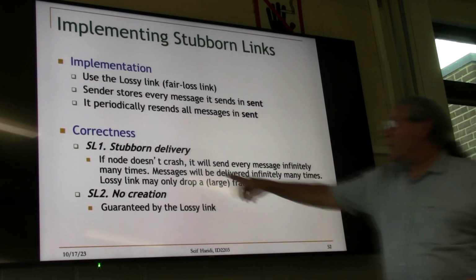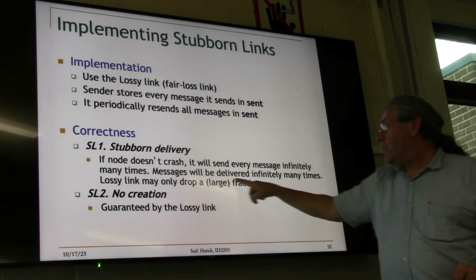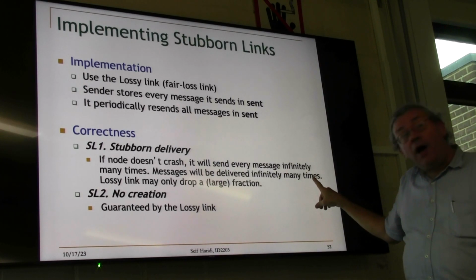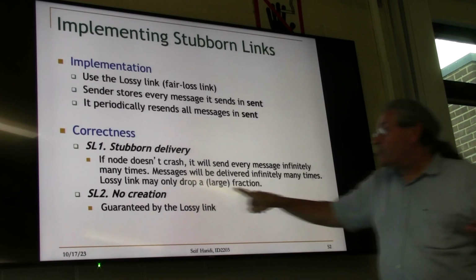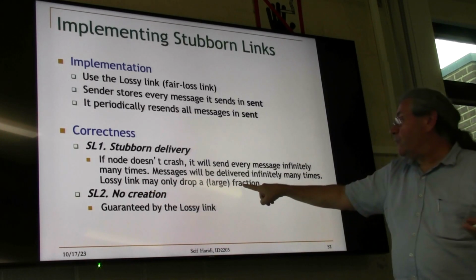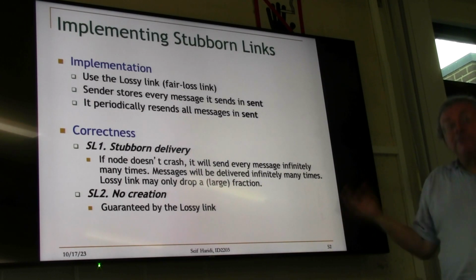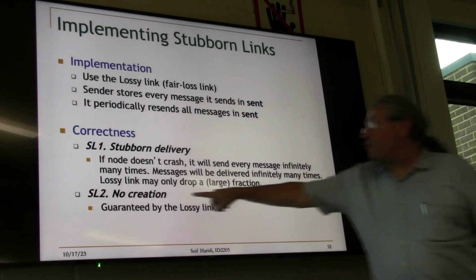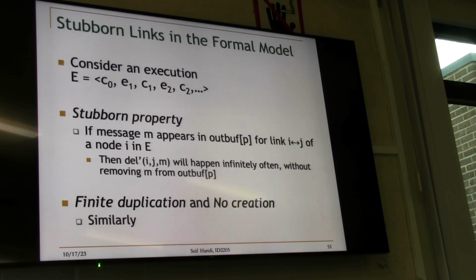If the node doesn't crash, it will be sent infinitely many times. And because of the fair loss property, it will be delivered an infinite number of times. The lossy fair loss can only drop a fraction. It's not allowed to drop everything, because otherwise it wouldn't be fair loss. Okay? And the no creation is exactly the same property. So it continues to hold. Okay?